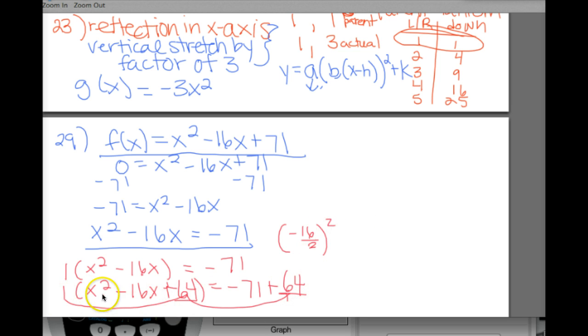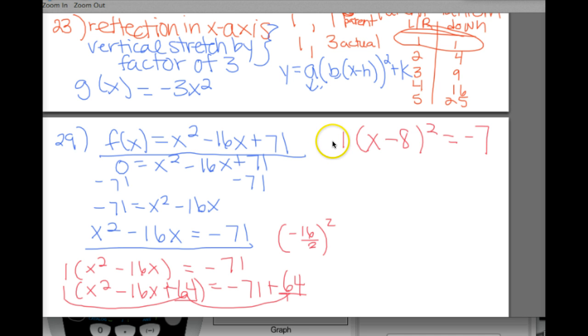Then on the left side, my a is 1. I need to factor this as a PST, so I know it's a single parenthesis squared. Square root of x squared is x. Sign in the middle is a minus. Square root of 64 is 8. So I'm done. Right side, combine the like terms, which in this case gives me negative 7.